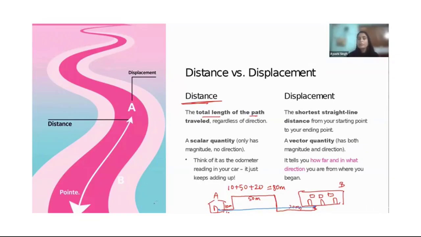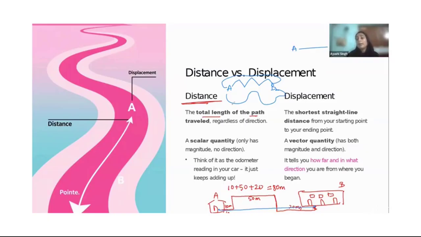For example, again, let's take position A and position B. If you are going to position B like this, this will be a distance. If you are reaching it like this, or maybe like this, it is all distance. But if you go in a straight line, this is the displacement.